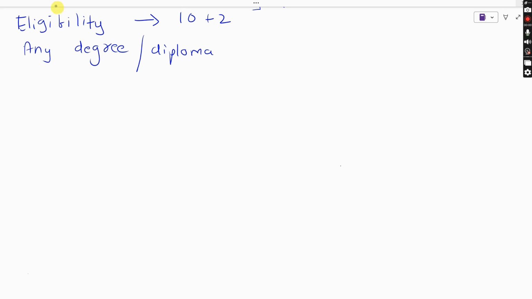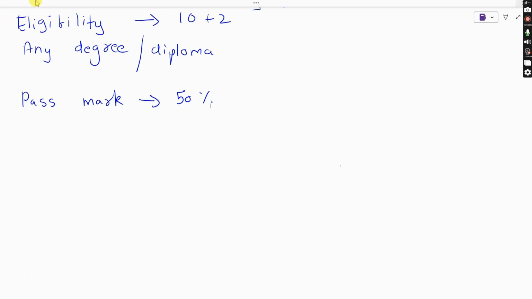After eligibility, we can say that the pass mark for the ACET examination is 50%. Out of 100, we have to score only 50.